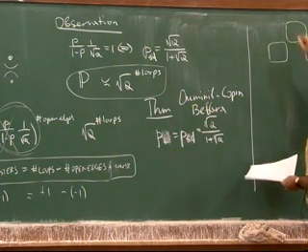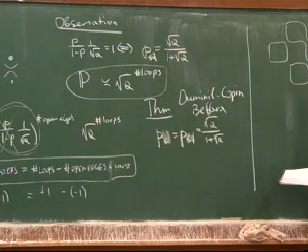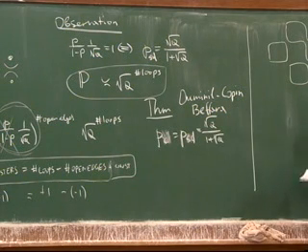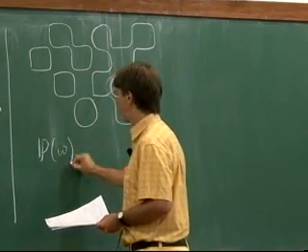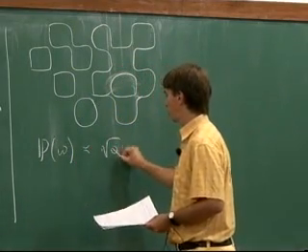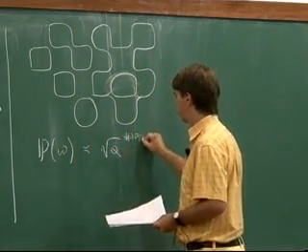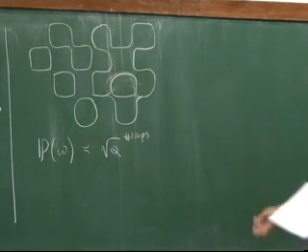So we look at configurations like this. So the loops might be nested, actually. So let me just draw an example where there are nested loops. And then we say that the probability of configuration omega is proportional to square root of Q to the power number of loops. So it's a very nice, simple formula.